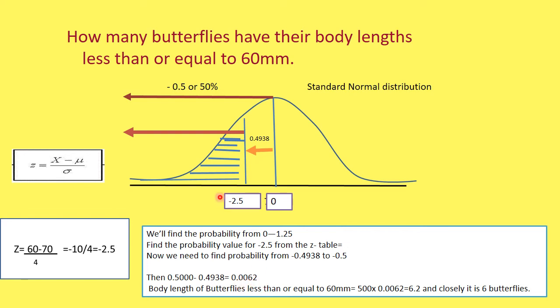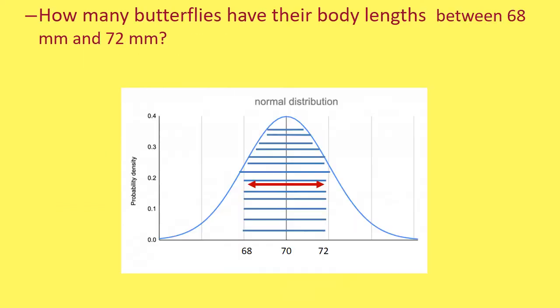Then you are getting the answer 0.0062. Then we have to find how many butterflies have a body length of less than or equal to 60 millimeter. The number of butterflies is 500. We have to multiply it by this probability. Then we are getting 6.2, which is closely 6 butterflies. So 6 butterflies have a body length less than or equal to 60 millimeter.